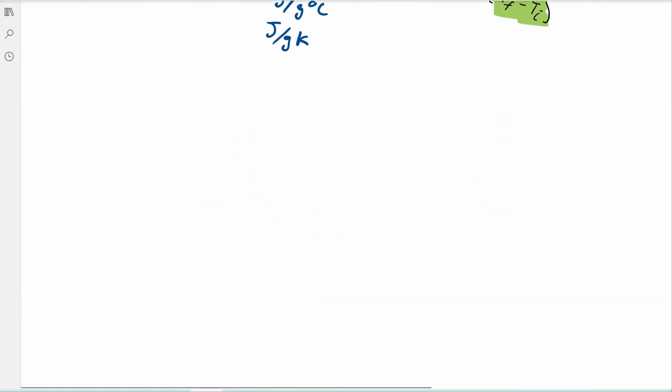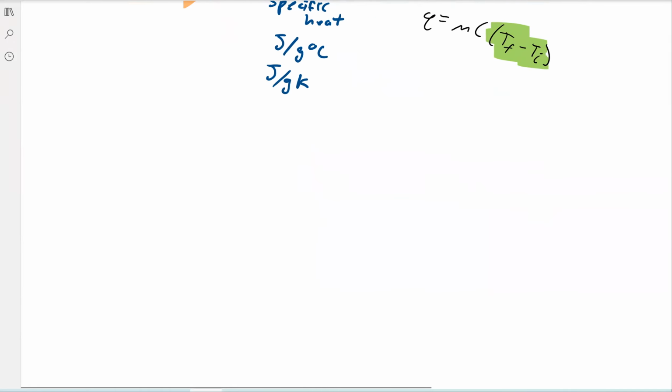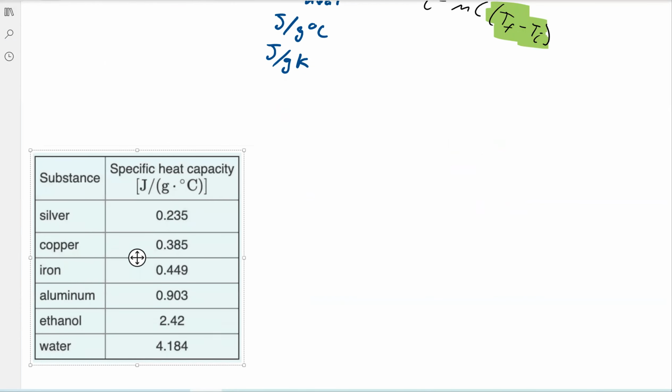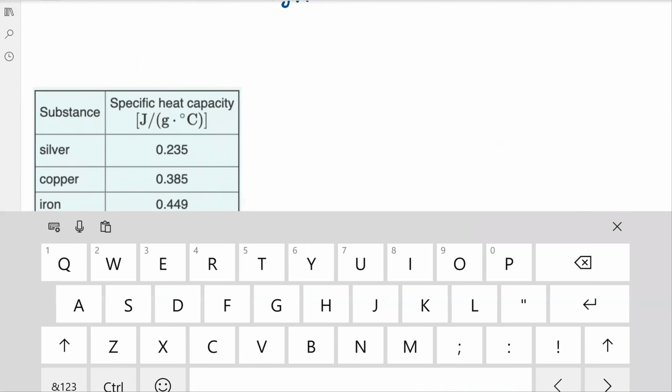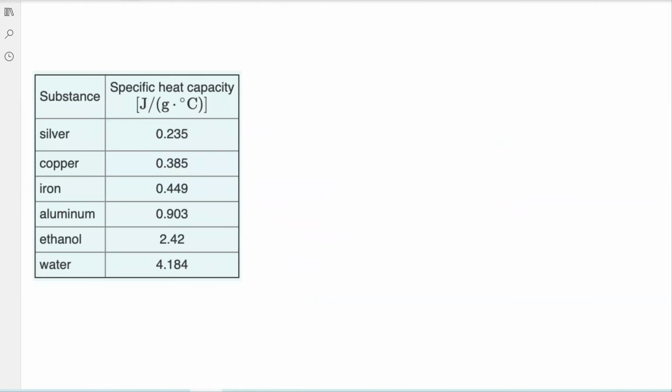All right, let's go and take a look at an example of a problem and how we're going to solve it through our kind of plug and chug method. So first thing we need is this little table that I'll provide you with if you need it, or maybe I'll just give you the mass or the specific heats, whatever.